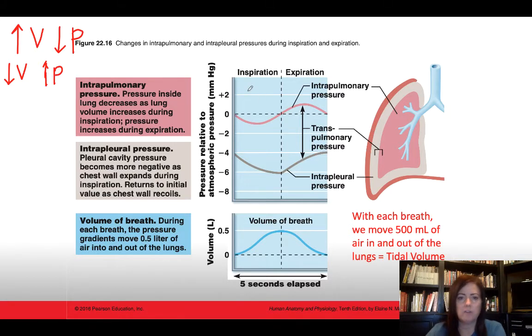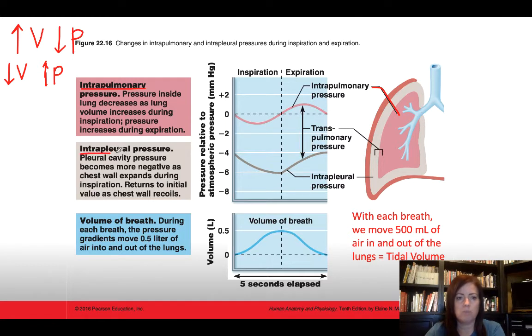So what do we see here? This is basically a graph that puts all of that information together in one place. We've got the different pressures that we have already defined. We've got our intrapulmonary pressure, which is the pressure inside the lung itself.